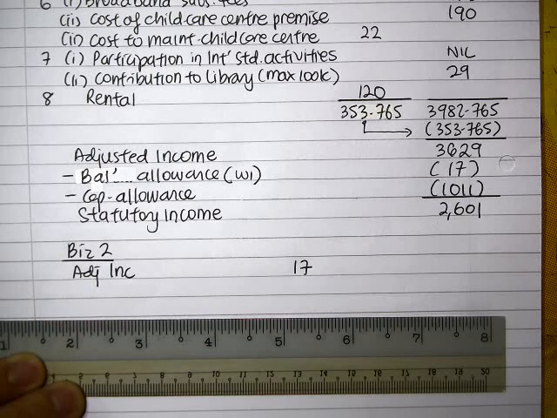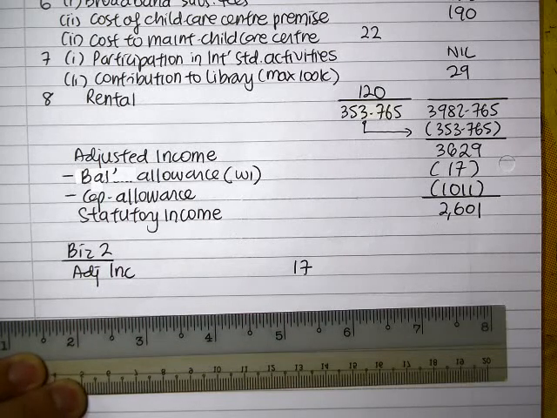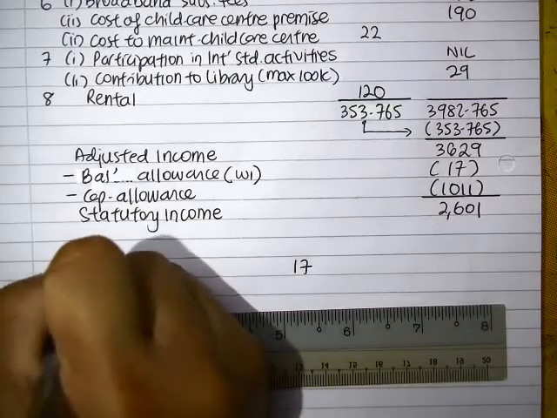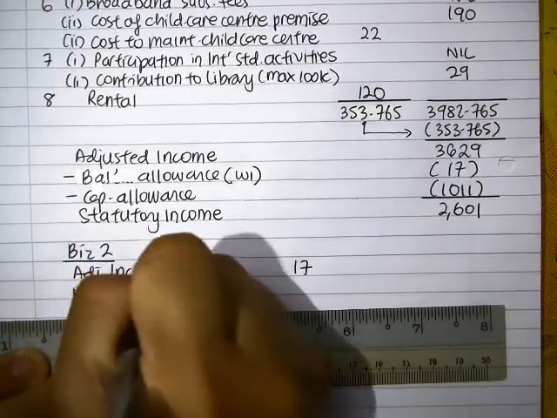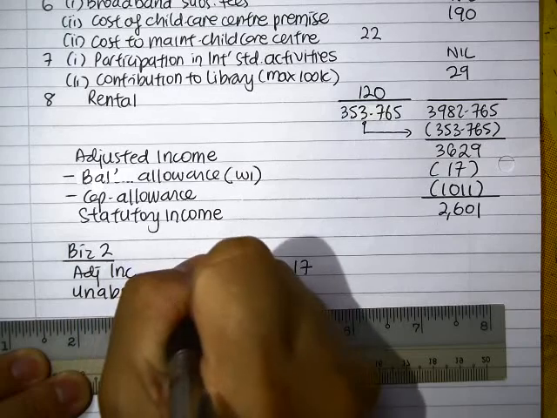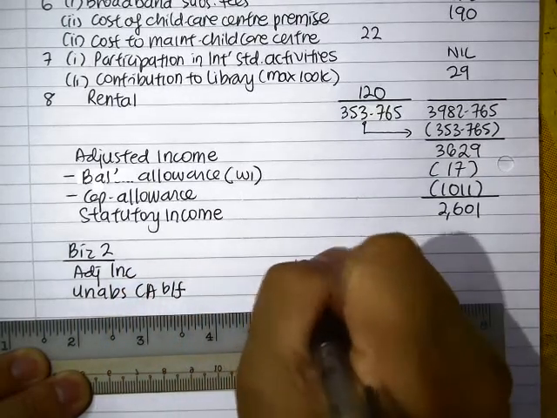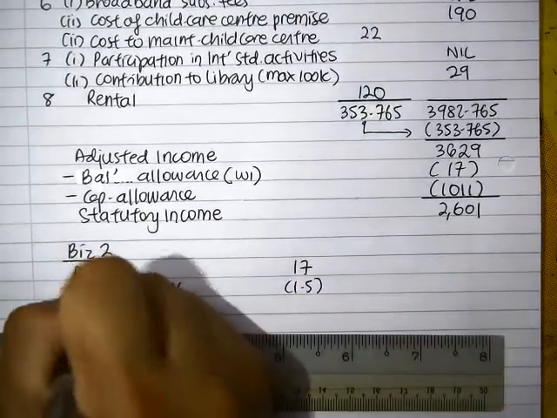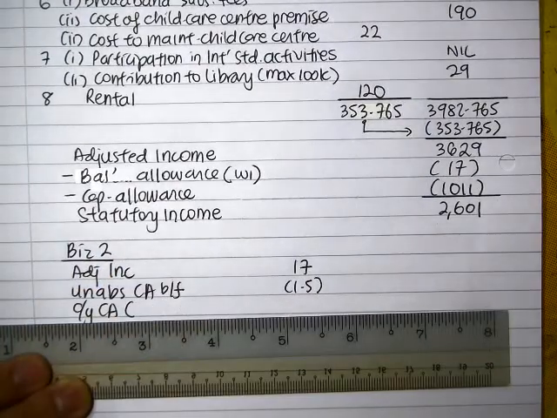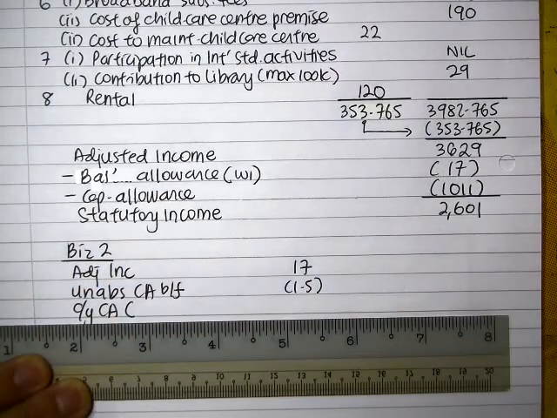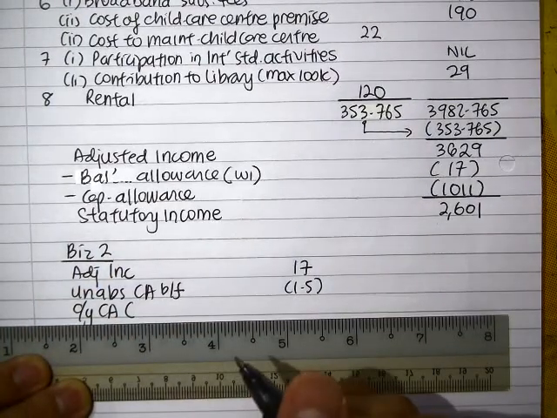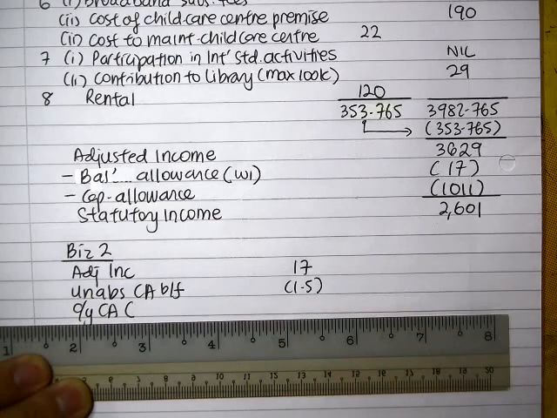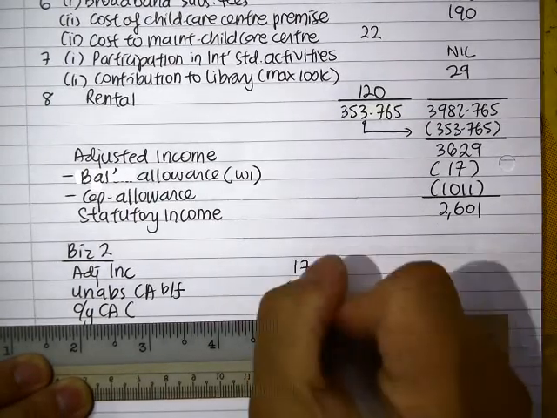Now they say the business has an unabsorbed CA. Okay, so unabsorbed CA brought forward is 1,005, and then the current year CA is how much? Okay, unabsorbed is 2,005, I'm sorry.